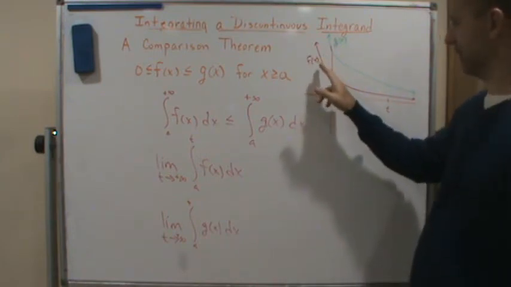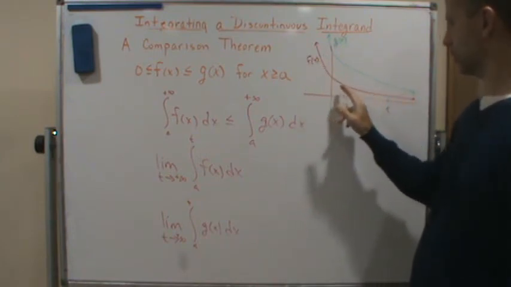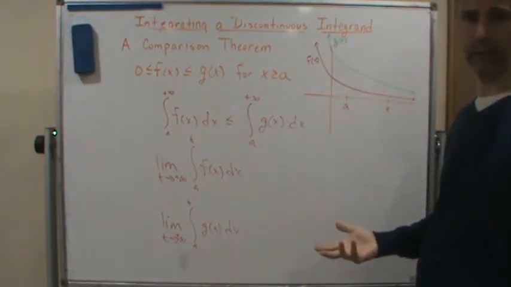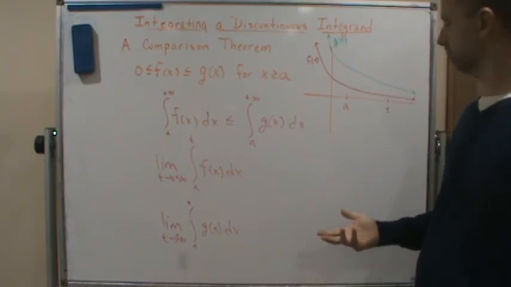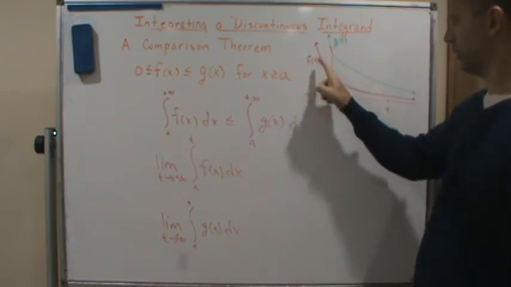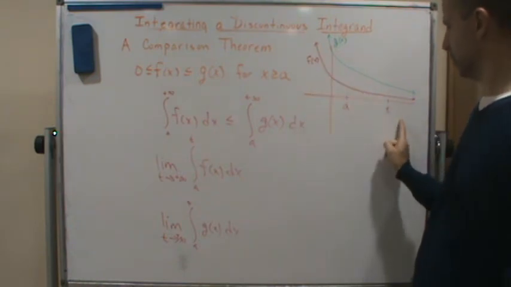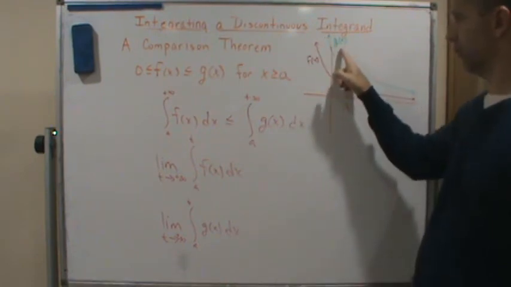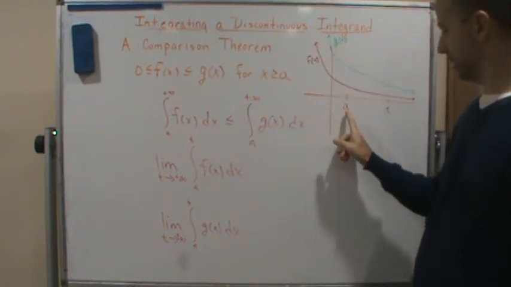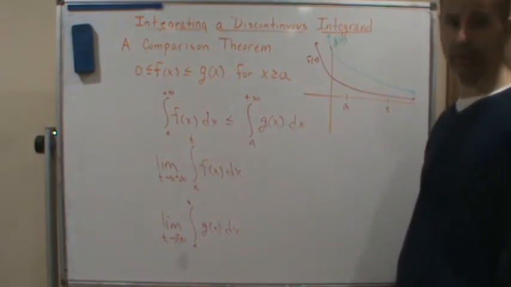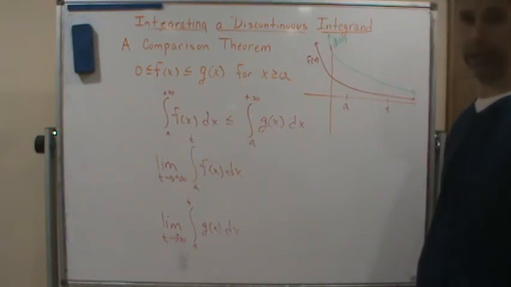So if the area under the f curve goes to infinity, then the area under g of x must also go to infinity. So if the integral of f from a to positive infinity diverges, then the integral of g of x over the same interval must also diverge. Okay, so that's one.